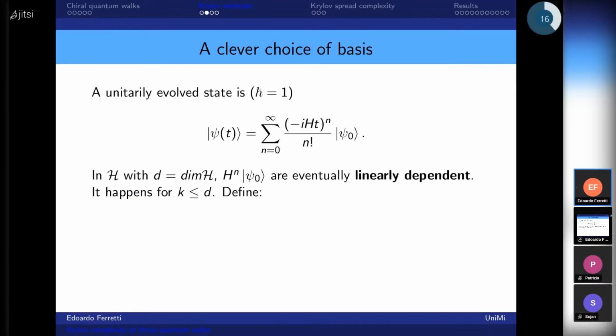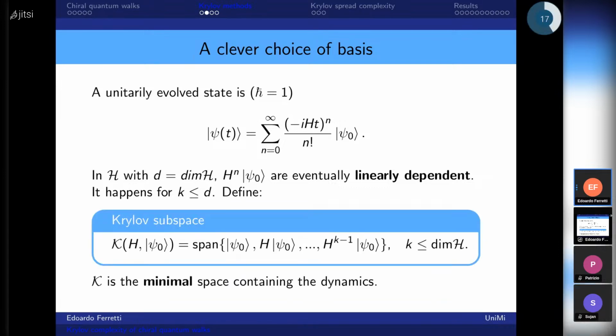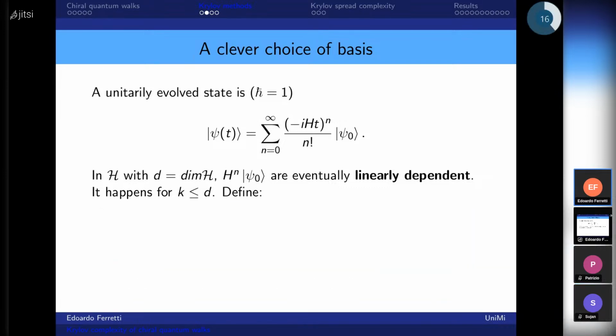Let's see it in more detail. It starts with this almost trivial observation, which is that the time-evolved state is defined as an infinite series of different states, which are the image of the initial state through the nth power of the Hamiltonian.